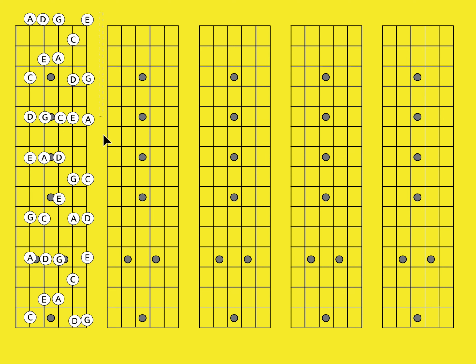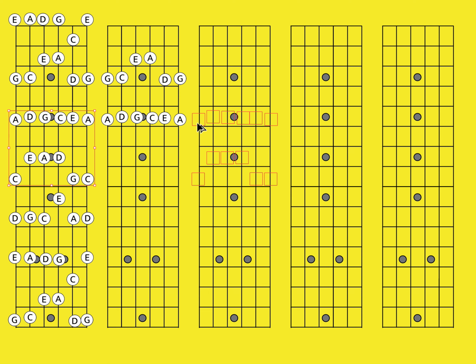And we started on the A string, but we can take all this and copy it over here, and boom, we have all our pentatonic forms right here. I can move this over here and move this over here and move this over here.